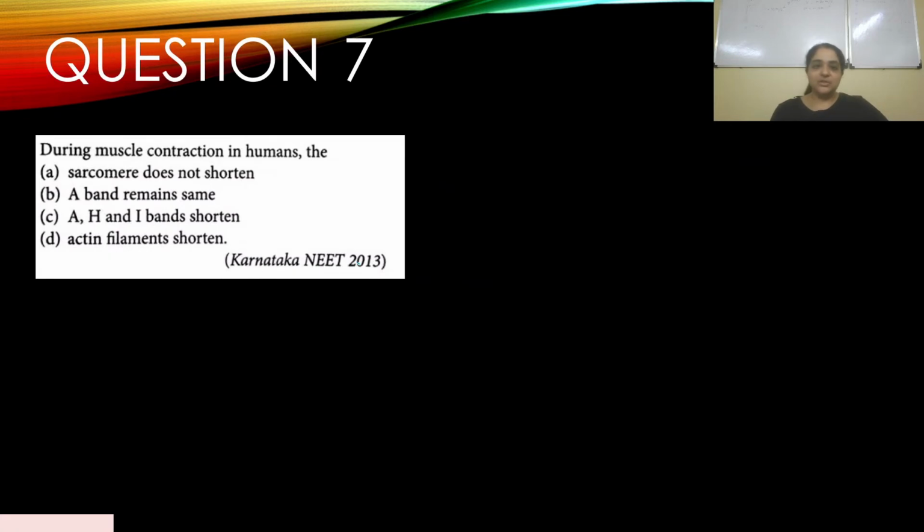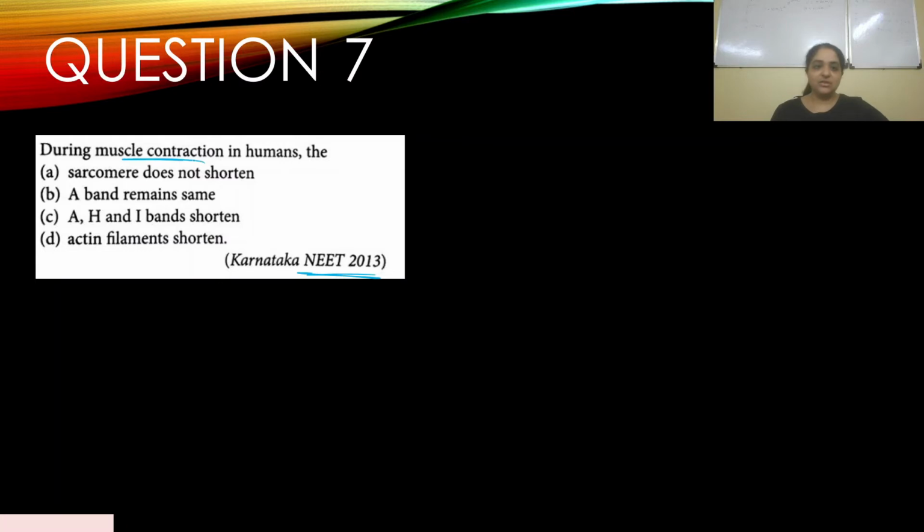Question number 7. This appeared in Karnataka NEET 2013. During muscle contraction in humans, the sarcomere does not shorten. A band remains the same. A, H and I bands shorten. Actin filaments shorten.